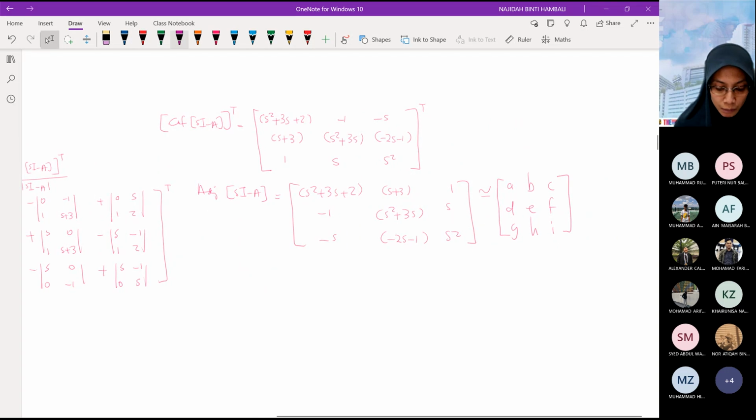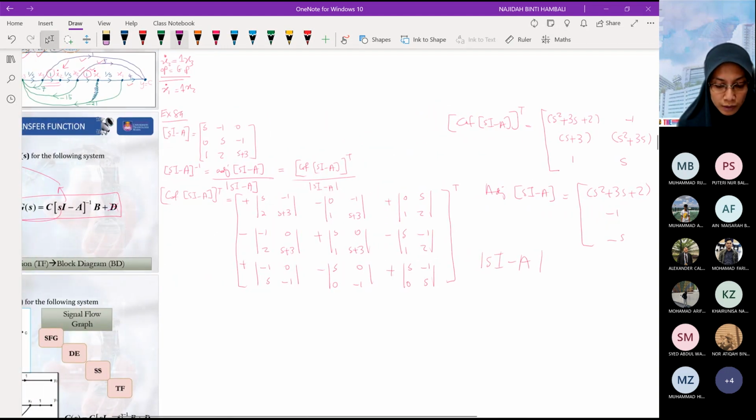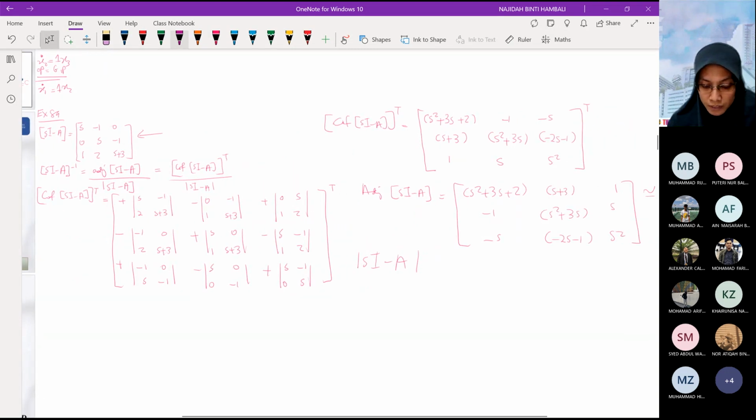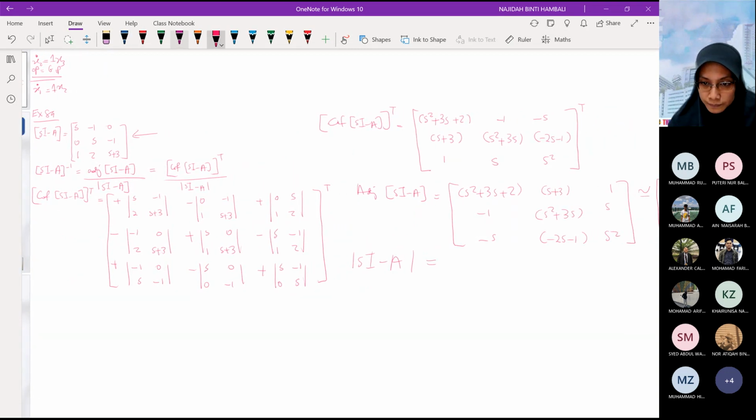Okay, now let's determine the determinant of SI minus A. So check your SI minus A matrix, this one. Okay, determine the determinant of SI minus A. I prefer to use the second method, but it's up to you.